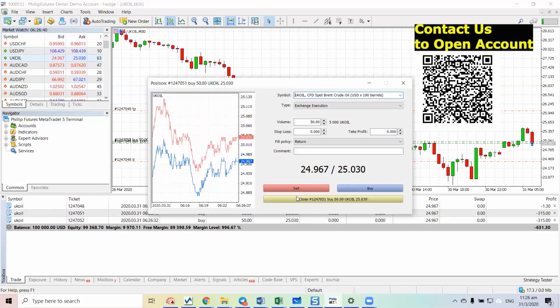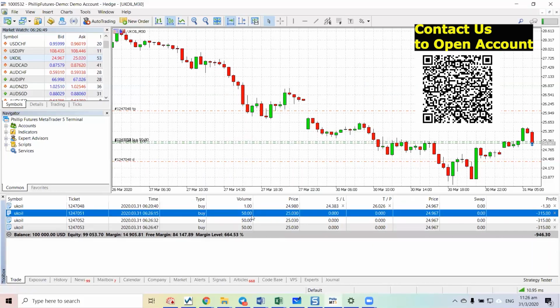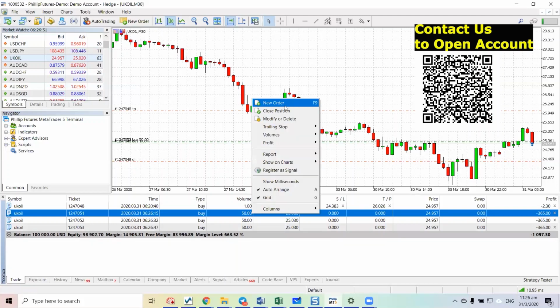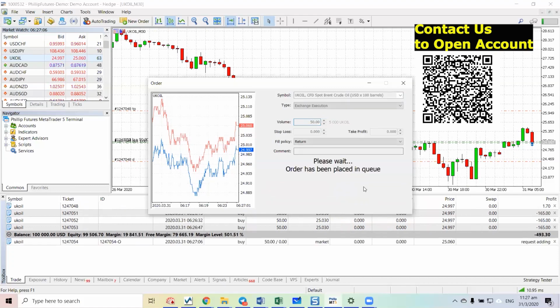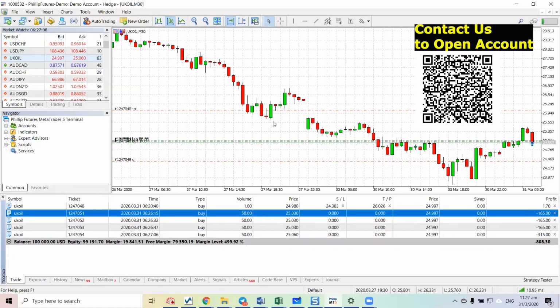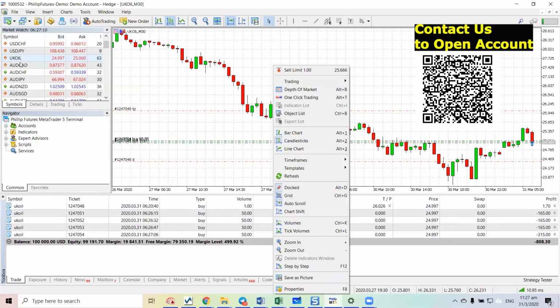The good thing is the system will remember how many lots you previously used. Okay, I can still buy another 150, so I just type 150. The system can only do a maximum of 20 for a live account, but for the demo account, I think the maximum is 50 per order. So I have to do a few more times.